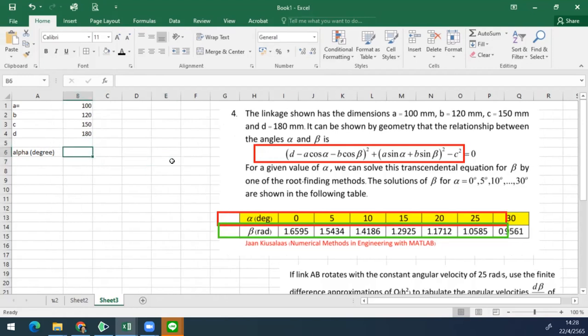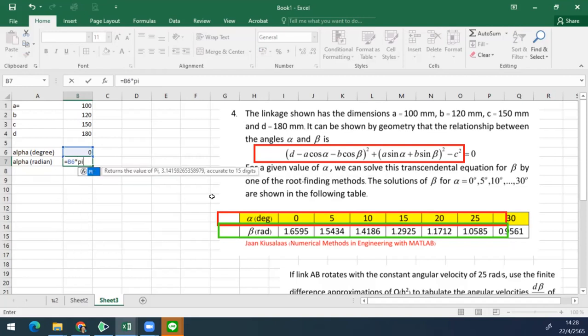It should start with 0 degrees, and alpha in radian is determined by what? We know that 180 degrees is equal to pi radian, so we can convert degrees to radians by multiplying with pi and dividing by 180.